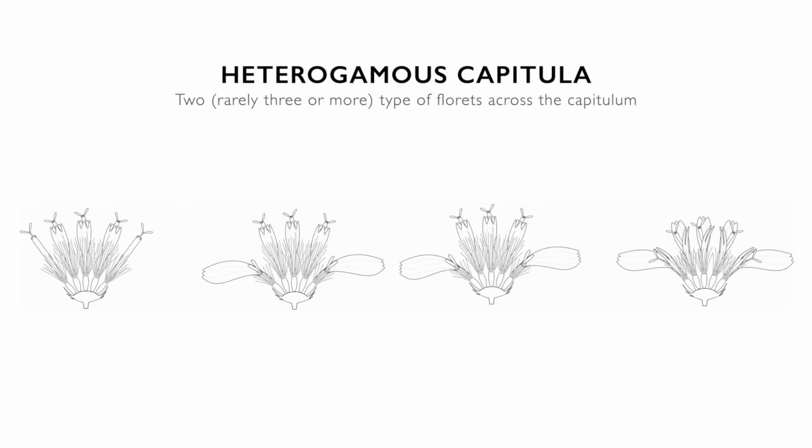The other type of Capitula are called heterogamous Capitula, of which the radiate Capitula that we already saw is one of the most typical examples. And these heterogamous Capitula could be made of just actinomorphic corollas, like the one on the left, which corresponds to what is called a disciform Capitula, with florets with tubulose and filiform corollas.